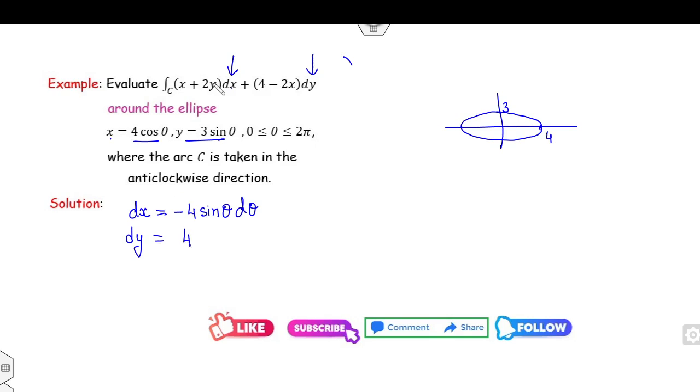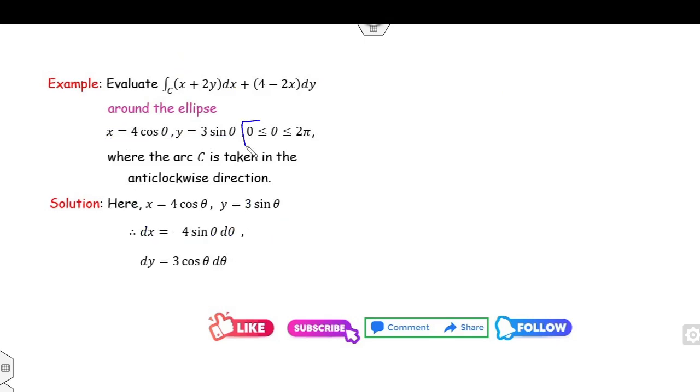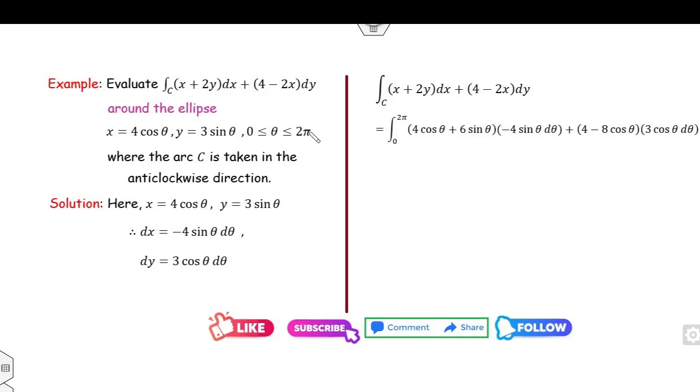It is 3 times the derivative of sine, which is cos theta. I can substitute the values of dx and dy. I can substitute the values of x and y in my given curve, and the limit is 0 to 2 pi. I can open this bracket. This term is minus 16 sin theta cos theta.